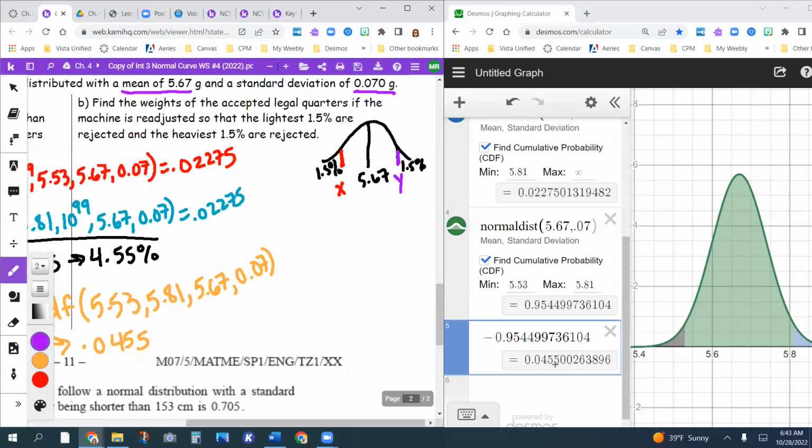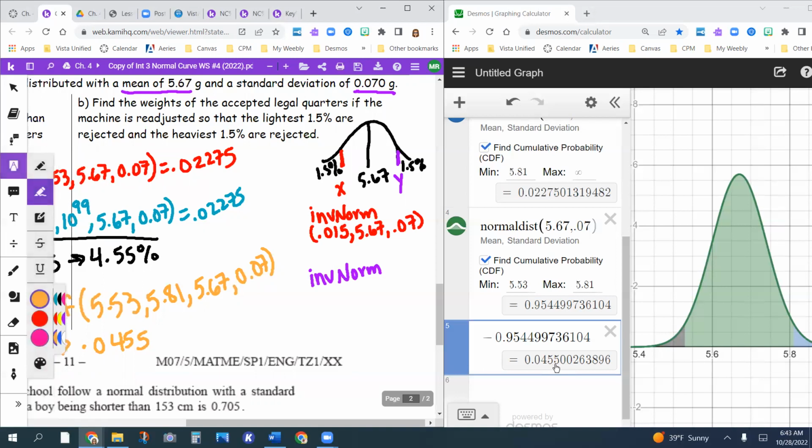Okay, so what you would do is you would do inverse norm and you would put in the percent, which is going to be 0.015, and the mean, which is 5.67, and the standard deviation, which is 0.07. And then for the other one, we want all the way up to there.